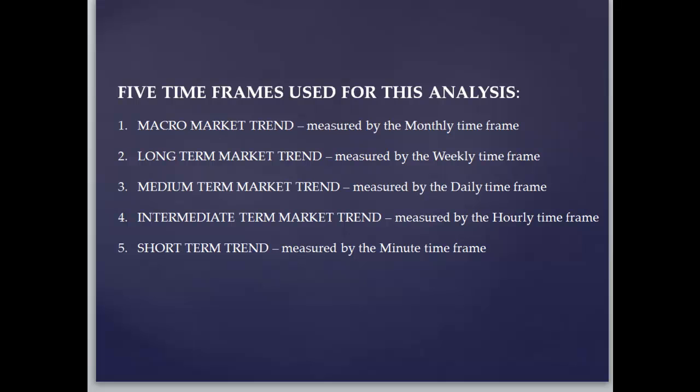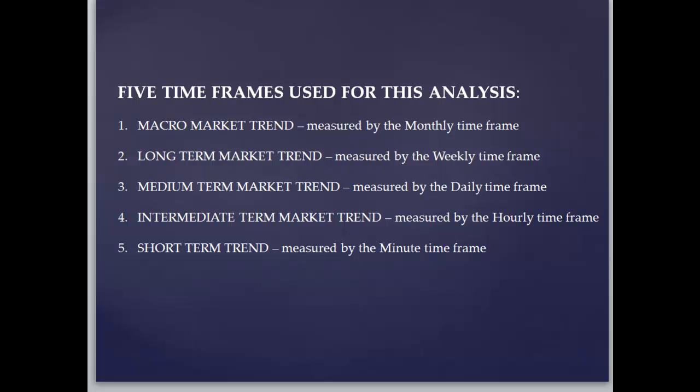Now, in my top-down analysis, I use 5 different time frames. The first is the macro market trend, which I measure using the monthly time frame. The second is the long-term market trend, measured by a weekly time frame.